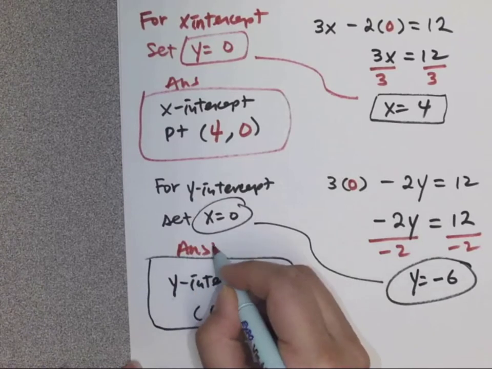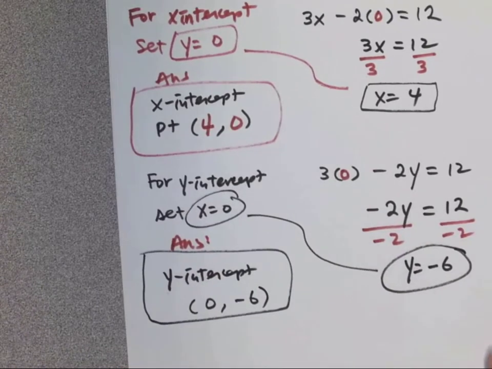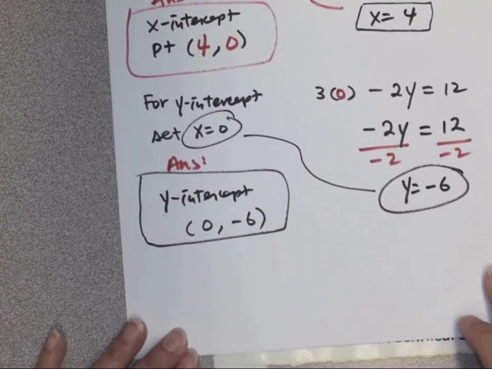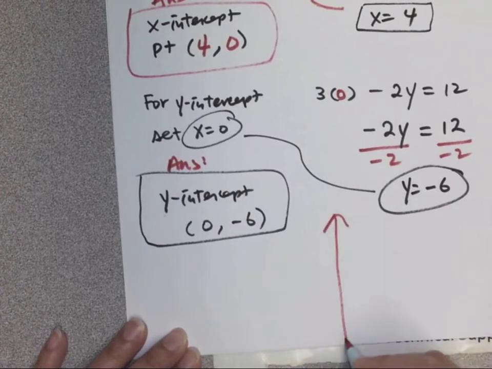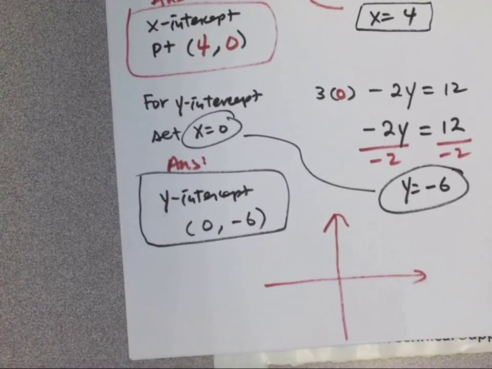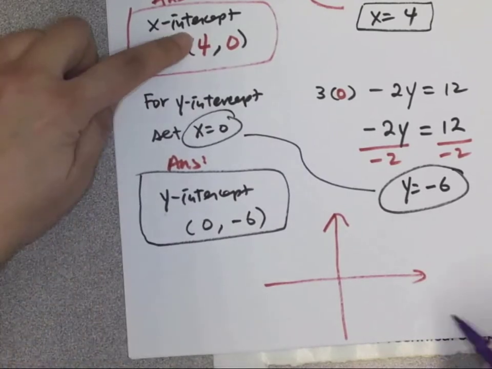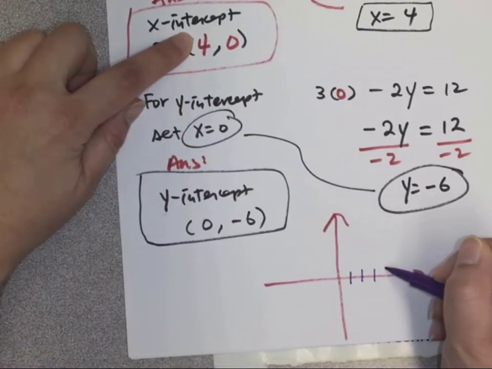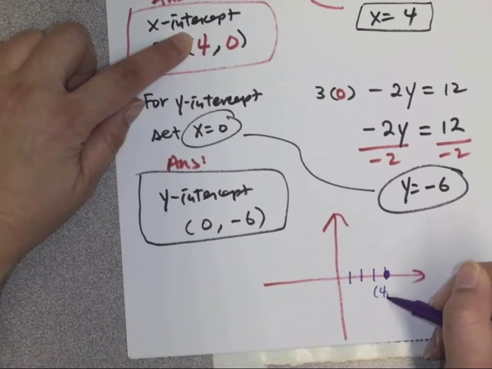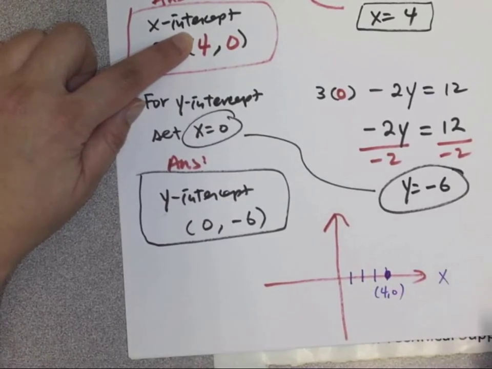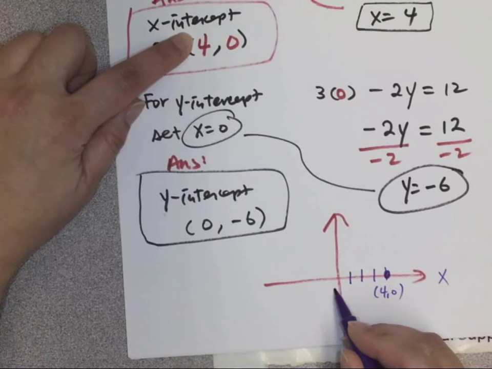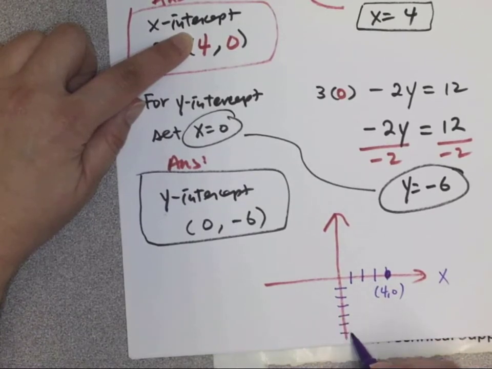And then they asked us to graph it, right? How do I use these 2 points to graph it? Plot my points. So (4, 0) would be 1, 2, 3, 4, comma 0 here for x, right? And then the y would be negative 6: 1, 2, 3, 4, 5, 6.